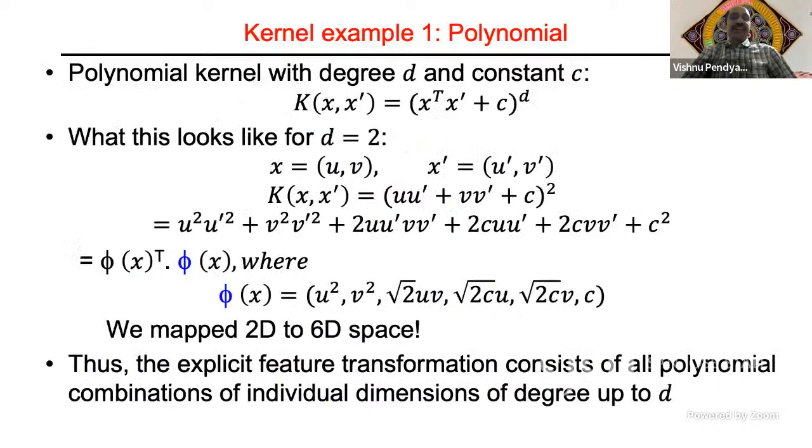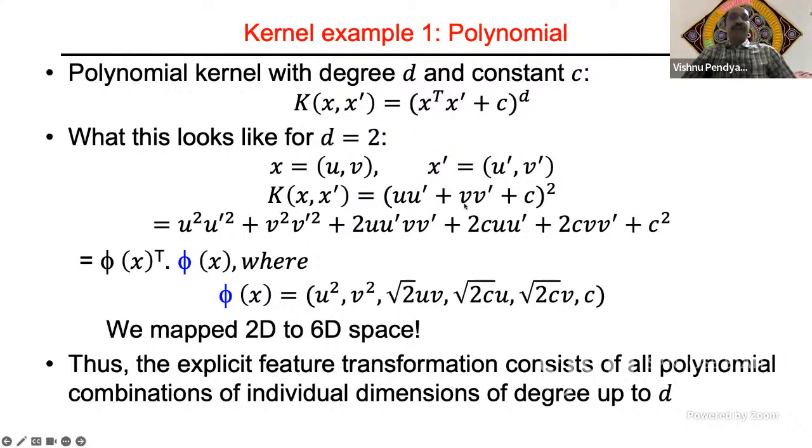Now there are several kernels. The first example of kernel function is the polynomial function. So polynomial kernel with degree d and constant c, like we saw in the previous case. Previous case there was no c. It was just c was equal to 0. But the general form is when there is a c constant, it can be written like this. This first equation here. And what does it look like when d is equal to 2?